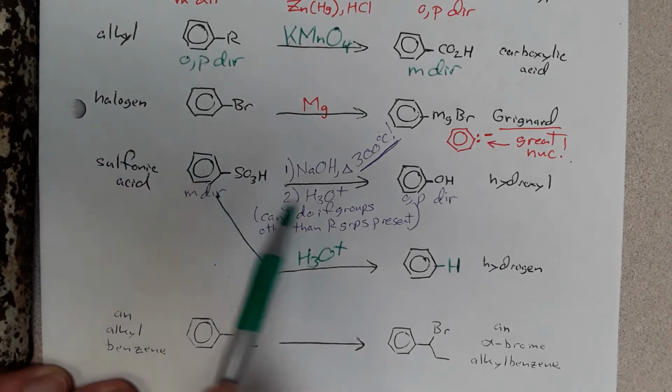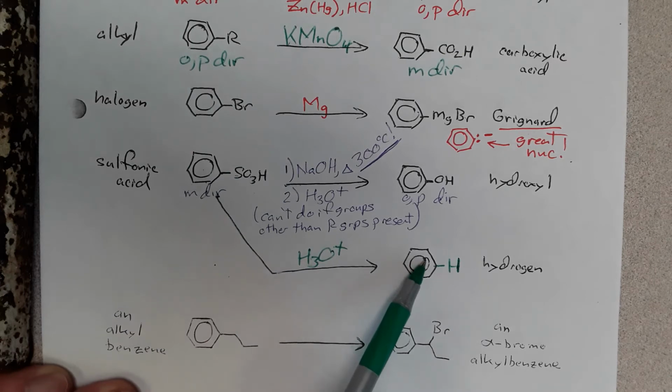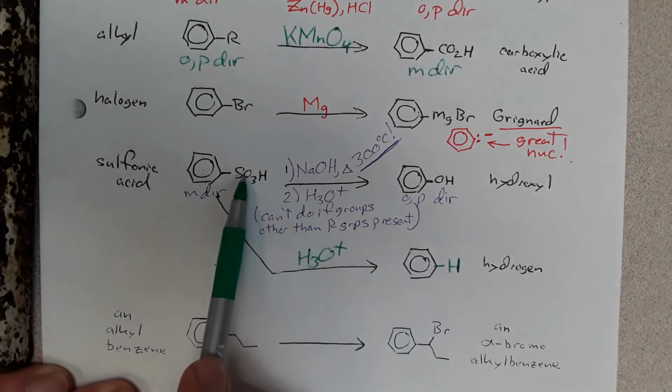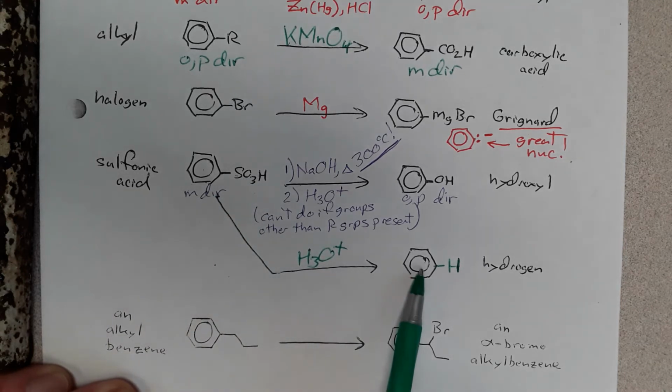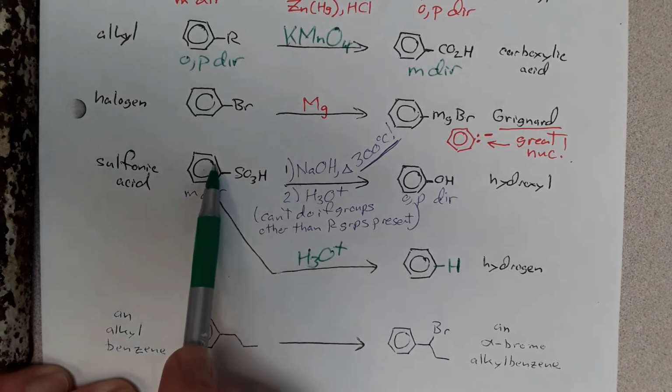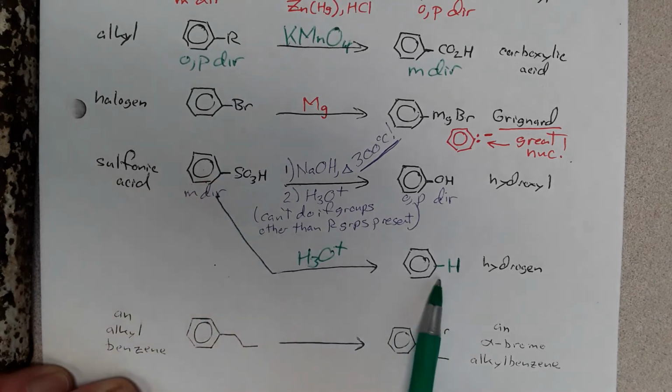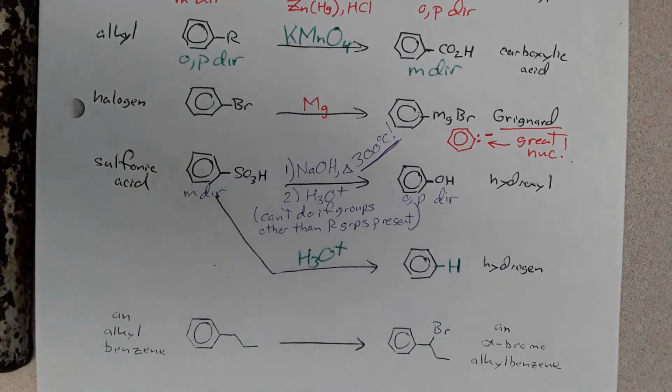Well, you start out with benzene and you add sulfur trioxide and sulfuric acid to put it on there, and then if you wanted benzene in the end, wait. We started out with benzene, so why are we going to convert it to this sulfonic acid and then take it off again? Can you remember any other time in this course?